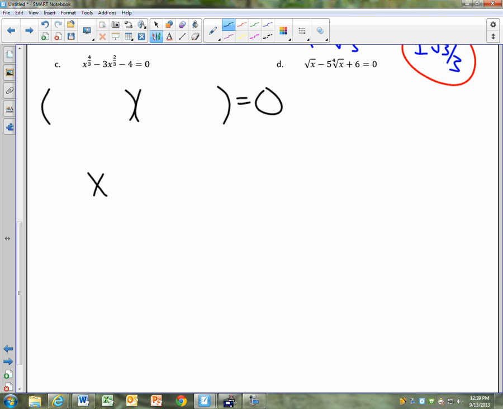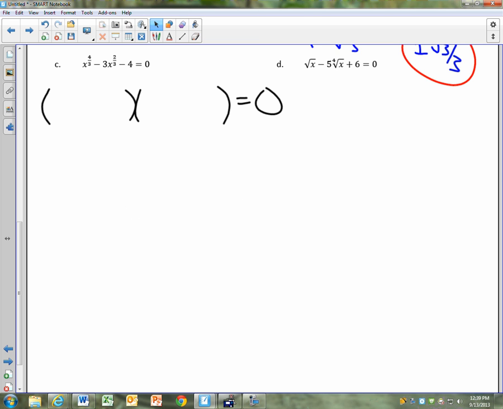What if you have x to the 5th minus 2x squared plus 1 equals 0? Well, that's not quadratic form, is it? So the question is, how do we solve that? We can. It takes a little bit other methods, and we'll try that in chapter 3. Okay, good question.